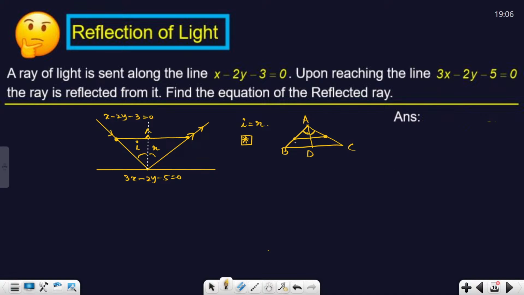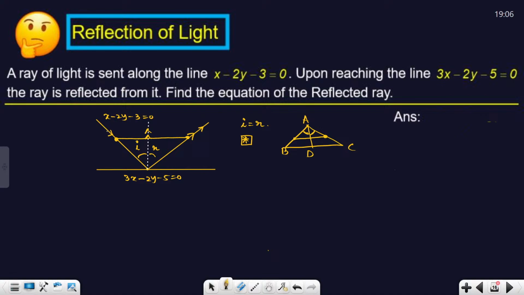Because these two sides can be treated as your incident ray and the reflected ray. Why? Because AD is the angle bisector, as in our problem, the normal is the angle bisector of the angle between the incident and the reflected ray. Is it clear?